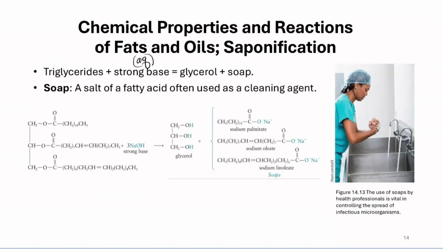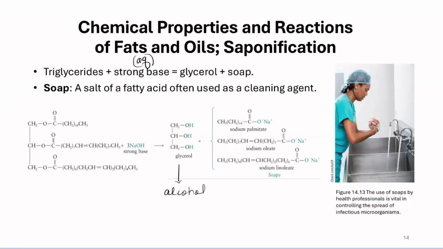In a saponification reaction, the products are an alcohol in the form of glycerol, and additionally, we're going to be making soap. But if we relate this to what we learned previously when we were looking at hydrolysis of esters, the glycerol, as I just mentioned, is our alcohol.